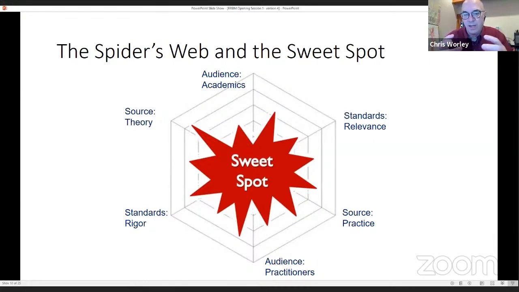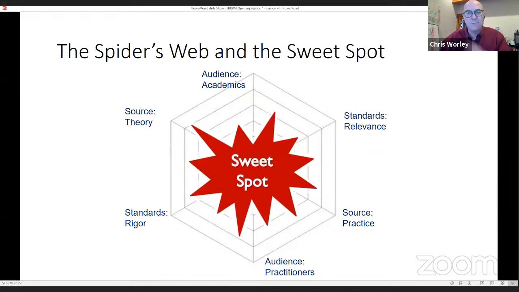And if you're sitting over on the theory side, maybe you could be a little more practitioner oriented, and if you're a practitioner, maybe you could be more theoretical. We're trying to figure out the best way to portray all of this so that the work and knowledge we generate is credible, usable, relevant, and rigorous, all at the same time.